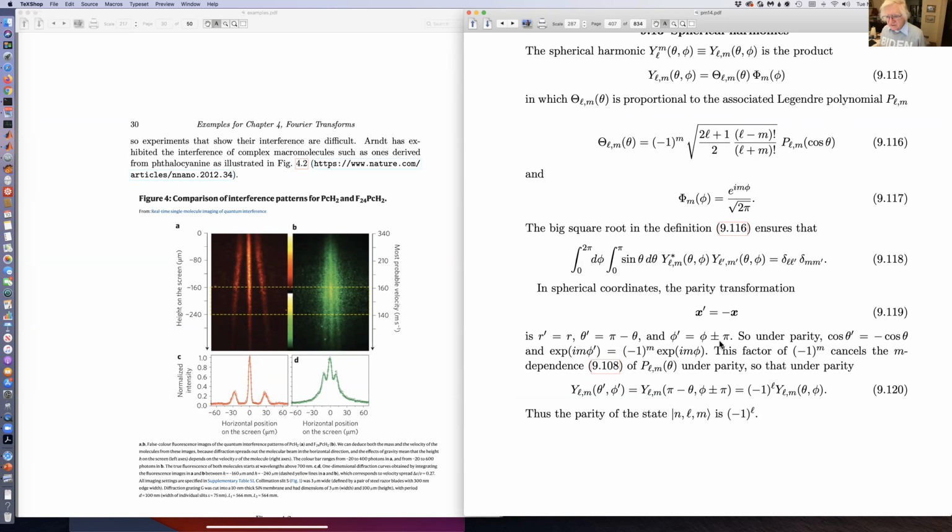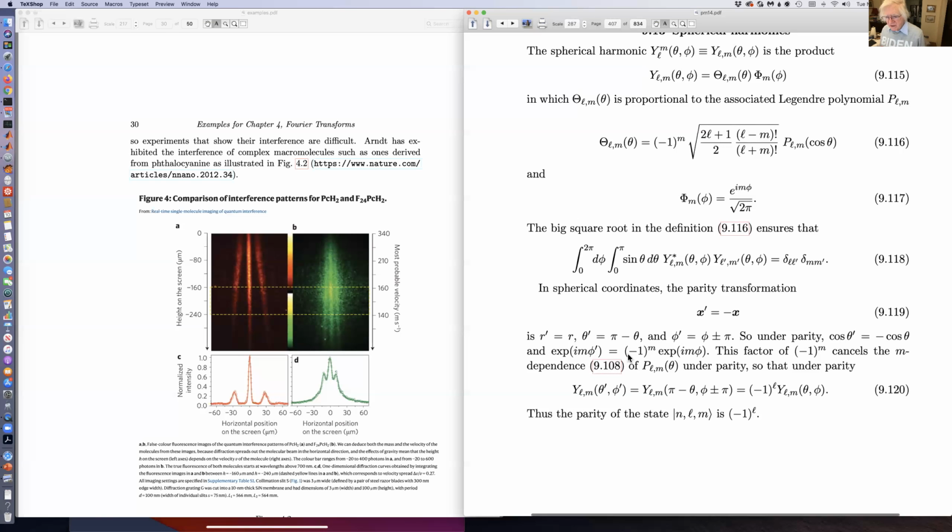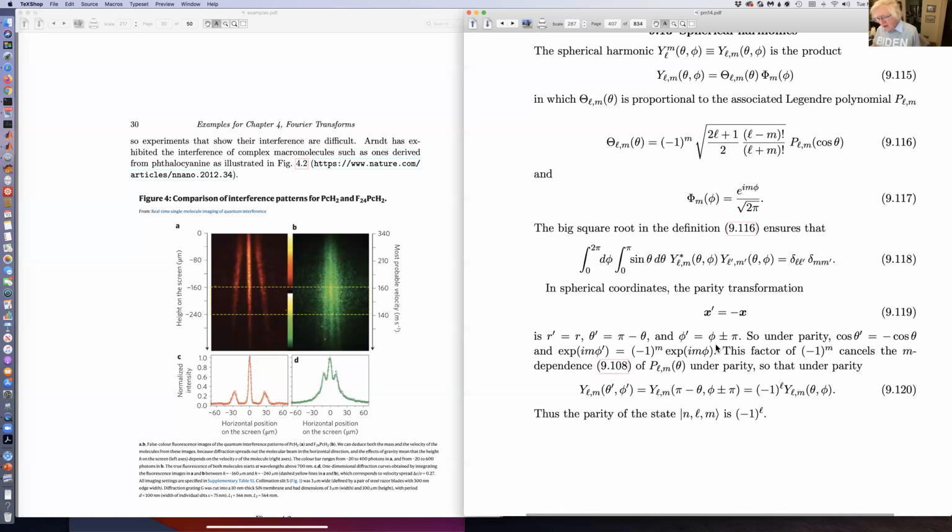The azimuthal factor, the e to the im phi, gets a -1 to the m, which is e to the i m pi. And this -1 to the m cancels the m dependence of this under parity. And so the total parity of the spherical harmonic just depends on L. And so it's just -1 to the L.